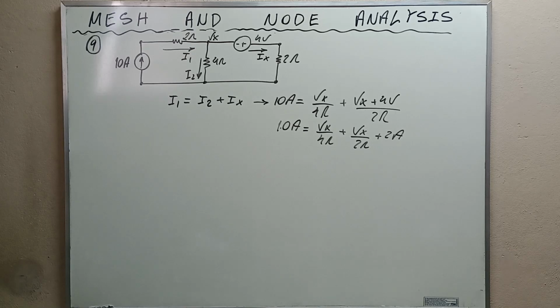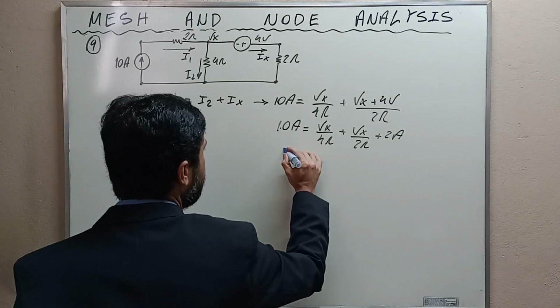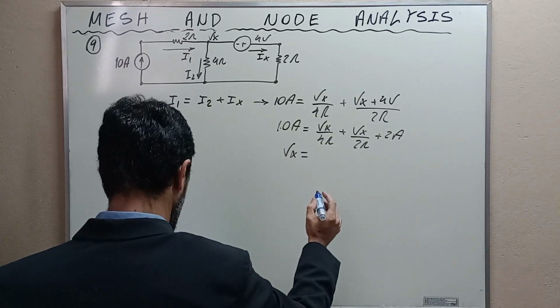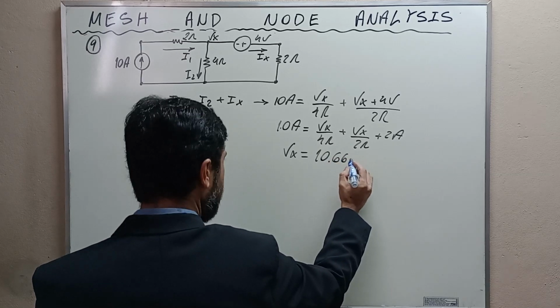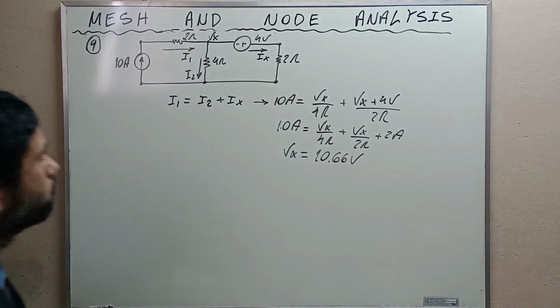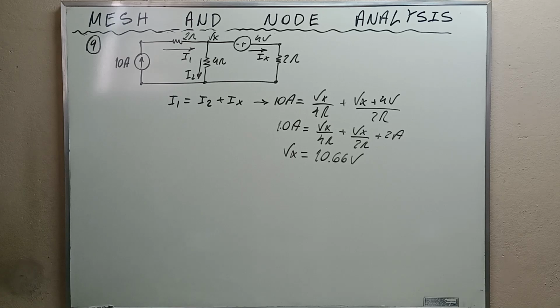From which we get that Vx is equal to 10.66 volts. Simply, we've solved one of the questions. One of the questions was calculate the value of the voltage Vx.